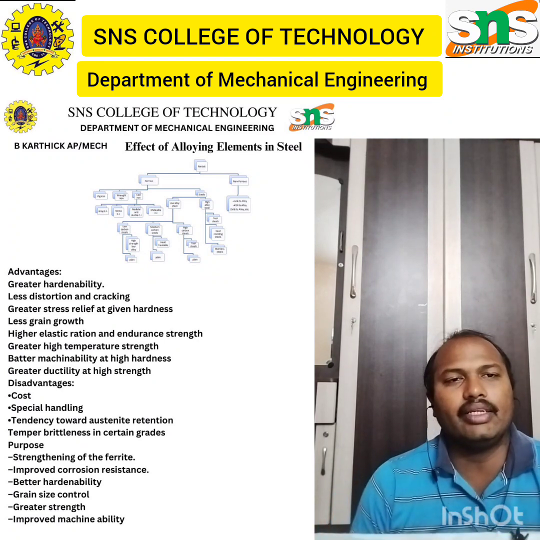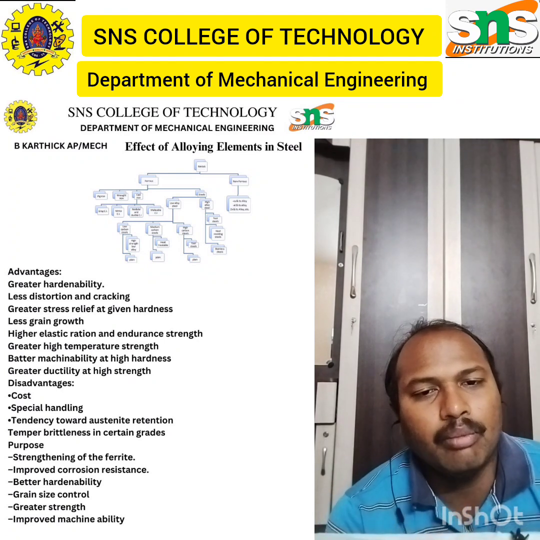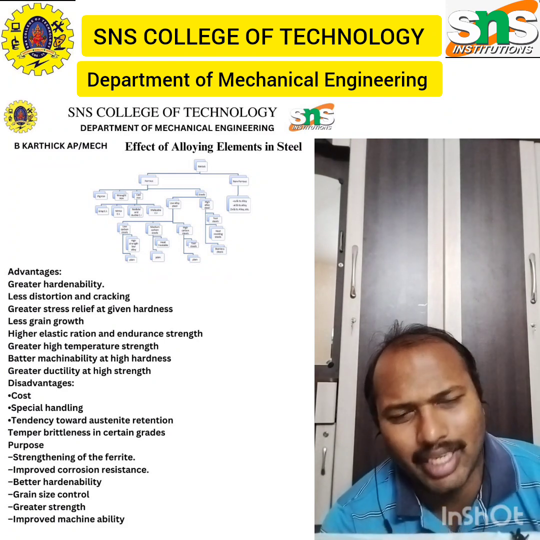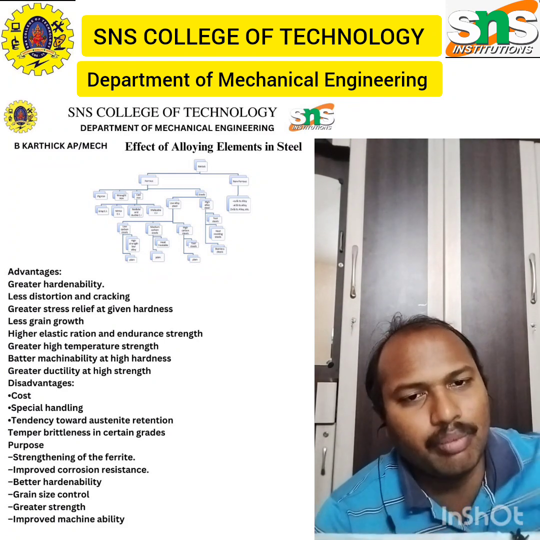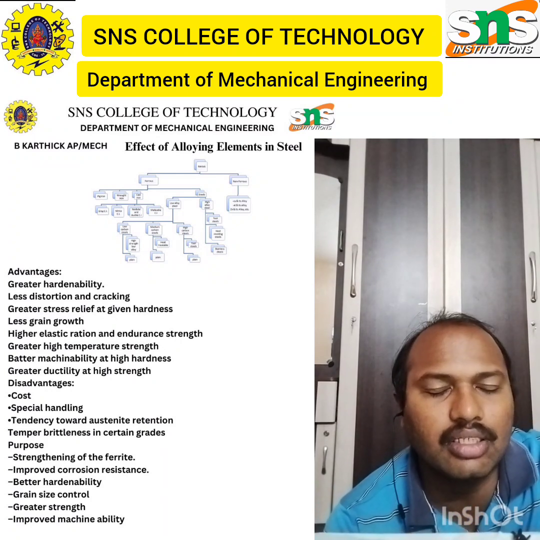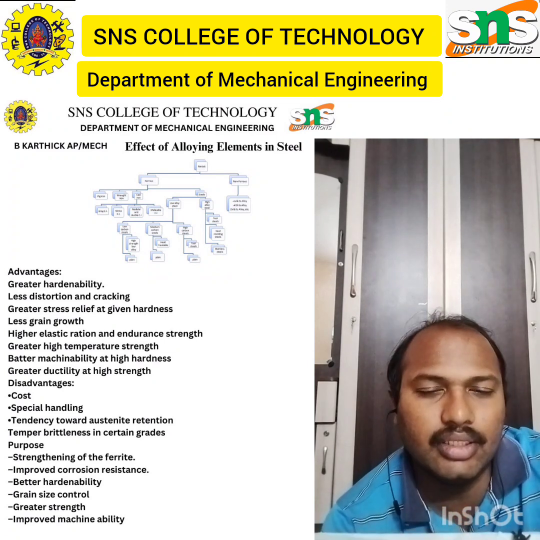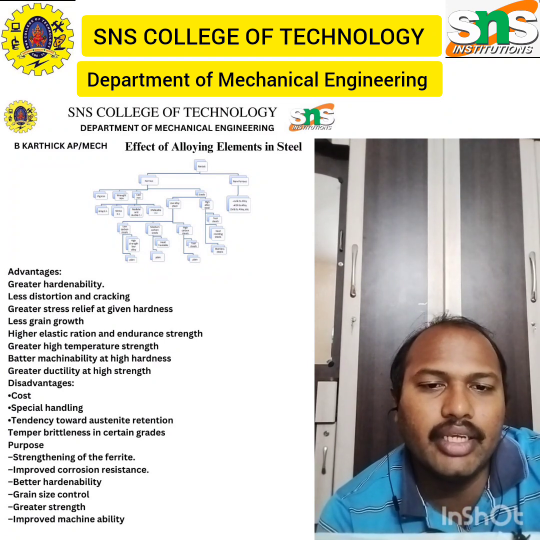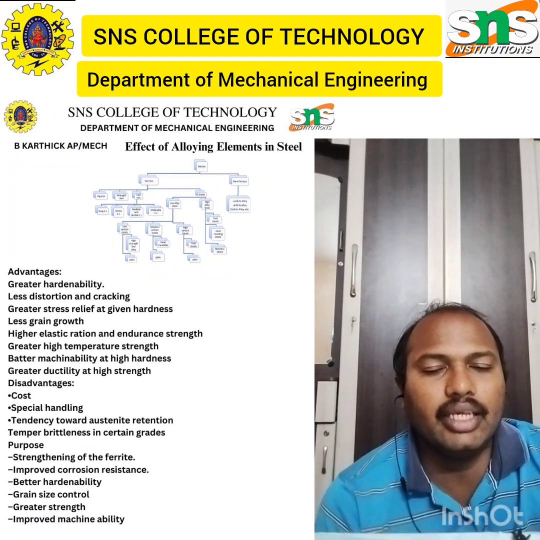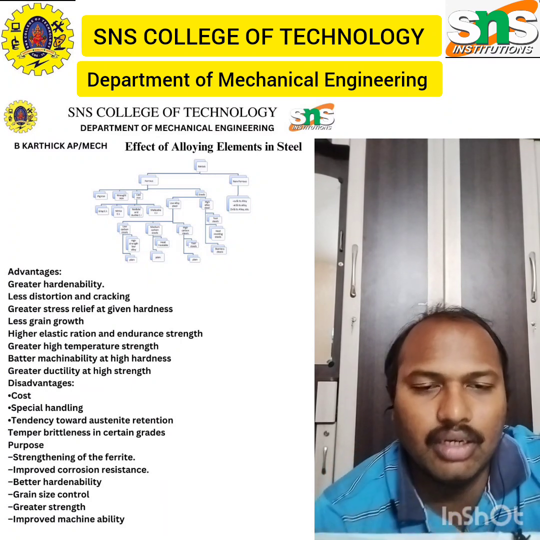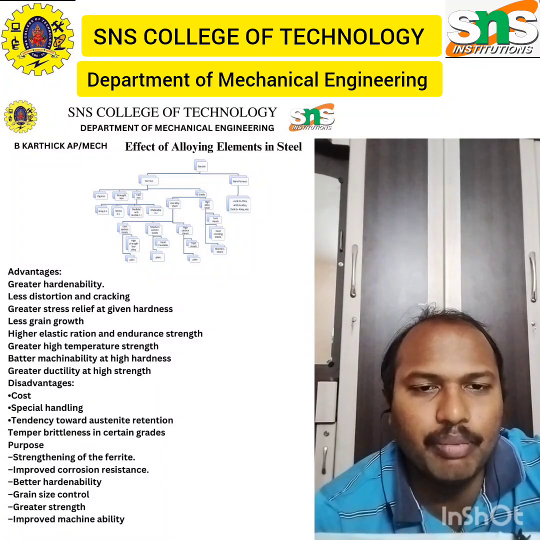So we can simply say that by addition of alloys, we can improve the mechanical, chemical or physical properties of a certain steel or material, so that we can have a wide range of materials for a single application.